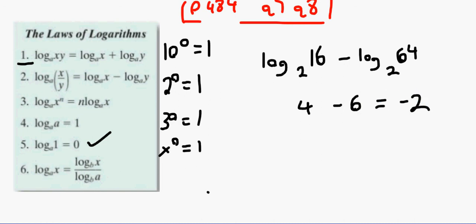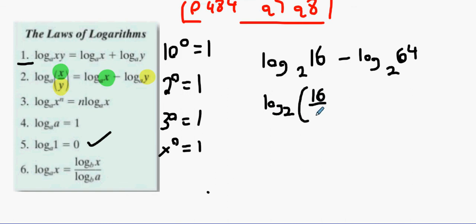Now, if we're to use the take away rule, what does it say? If this is the green one, that's the yellow one, then the answer is the green one divided by the yellow one. So what's the answer for this then? Log 16 over 64.